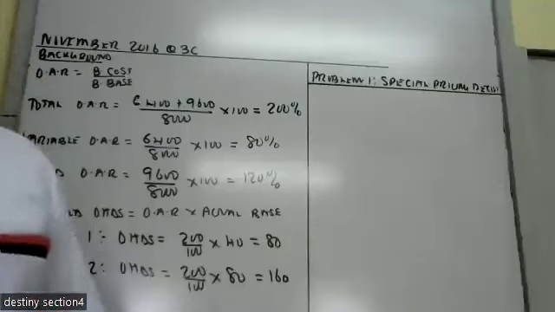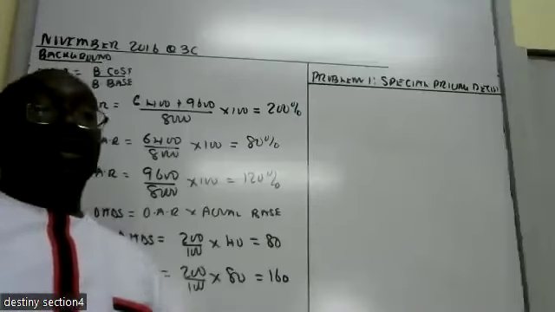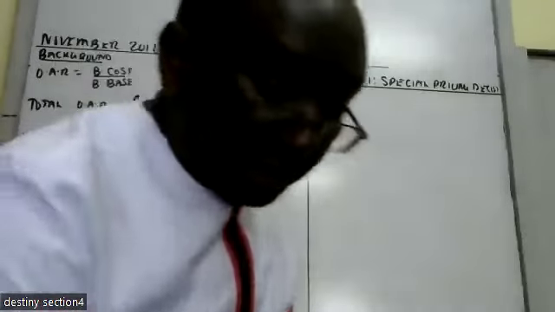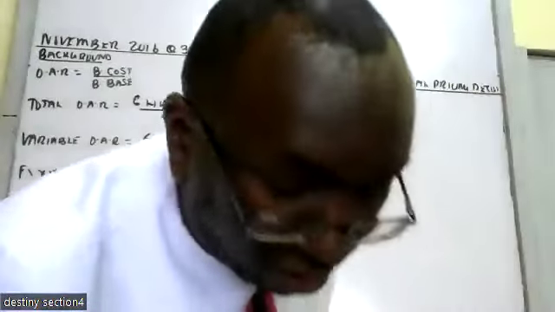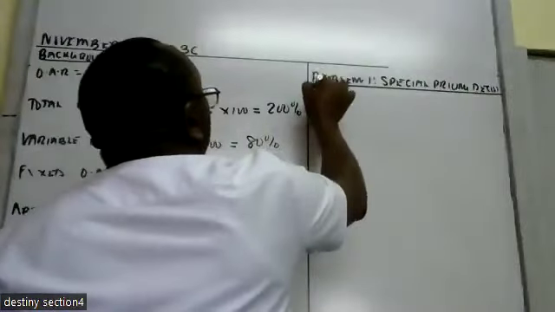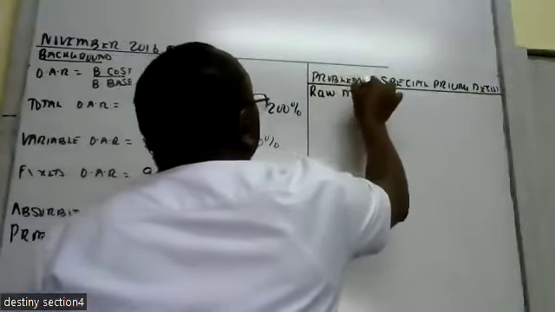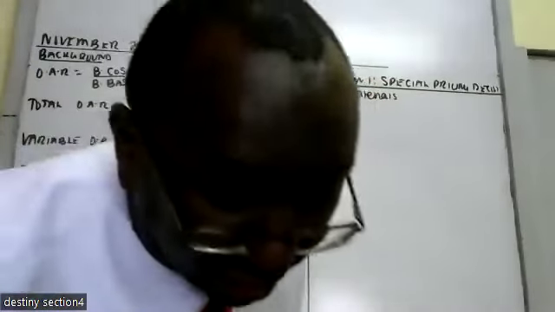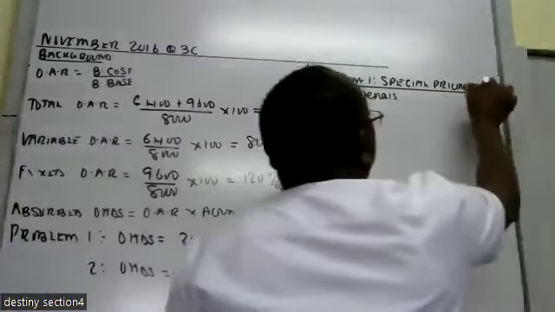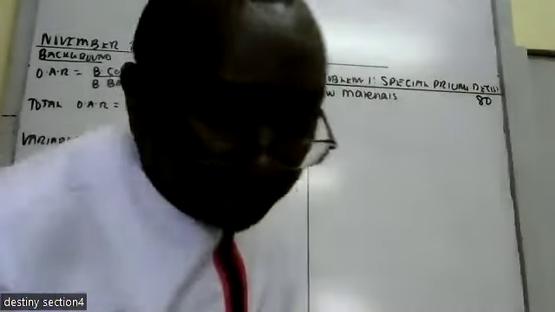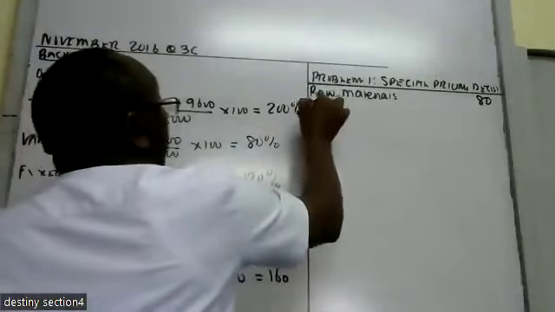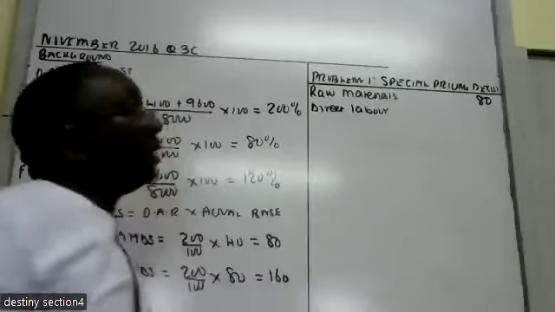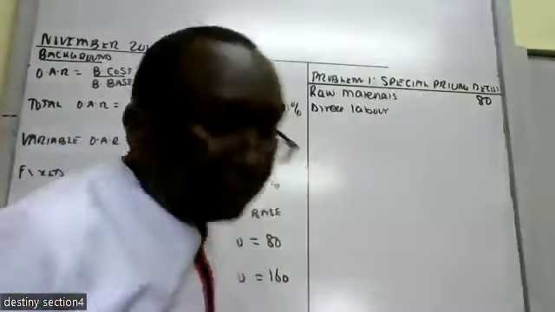And I've told you, when you are doing special pricing, we consider the relevant costs, which are, number 1, direct labor or raw materials. So we have raw materials. Raw materials, they are 80. Number 2, we have direct labor. Direct labor is 40.